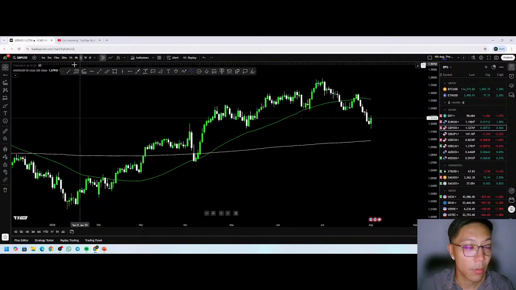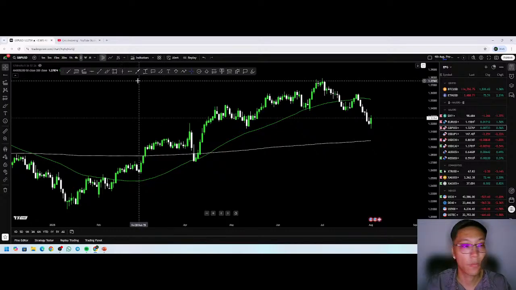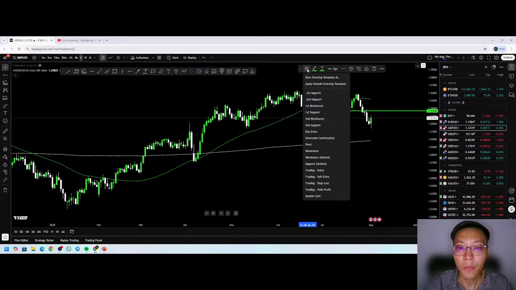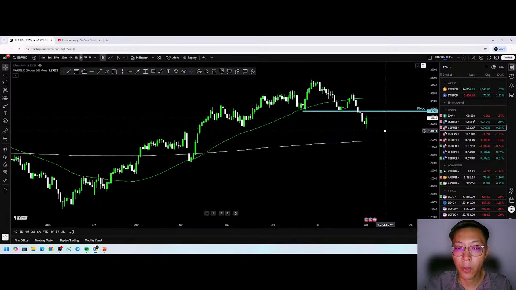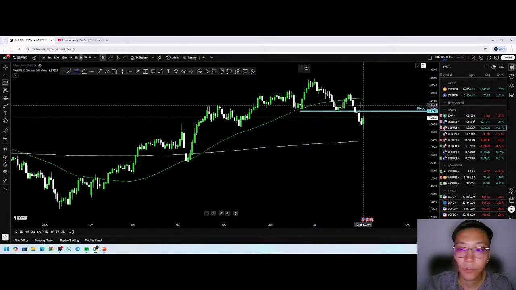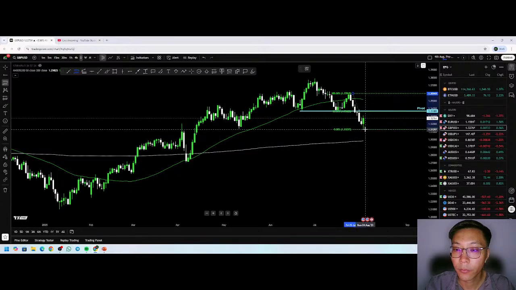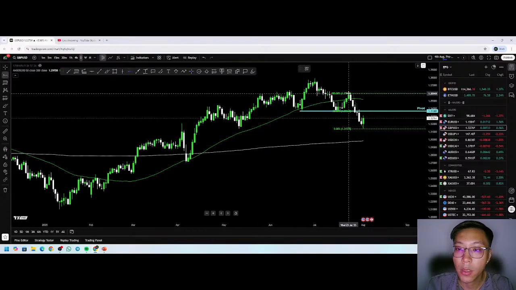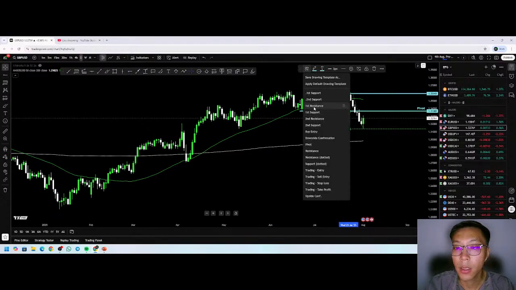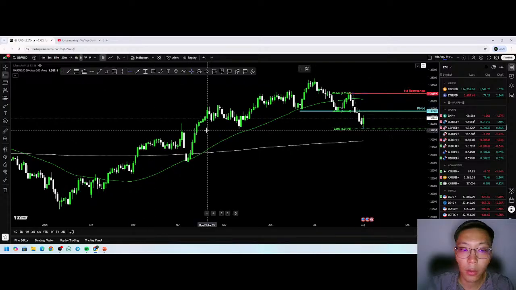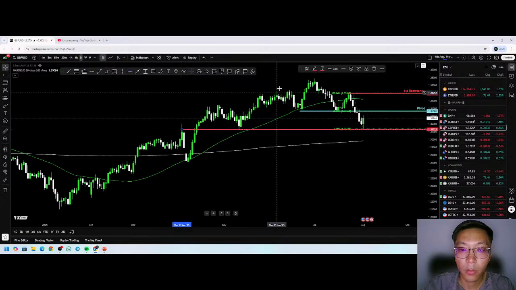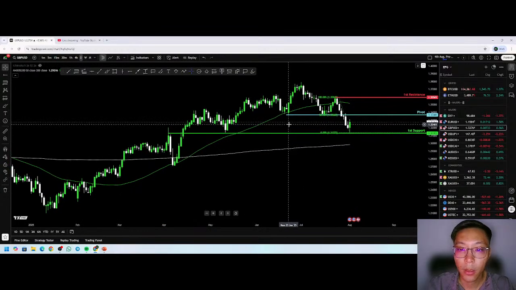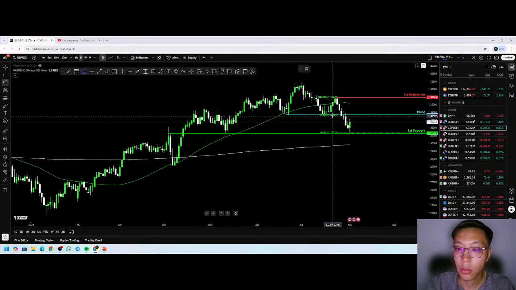Okay, so what we could look at is we could find a level, this pivot point over here. 50% Fibo as well. Then our resistance level is this high. Then our first support is this level over here. I think it's straightforward enough.